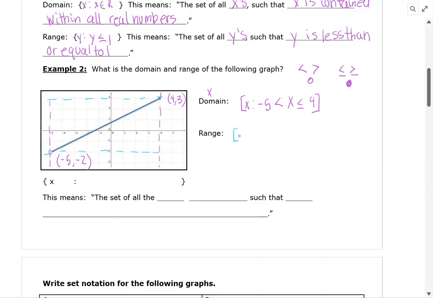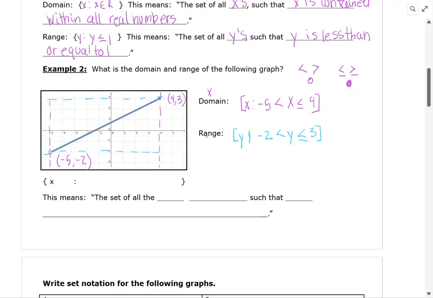So for range, y such that my lowest number was -2. It was a closed circle, so it's going to just be less than y. And my highest y value would be that +3. And I am allowed to be equal to it, so we'll have that equal to line.